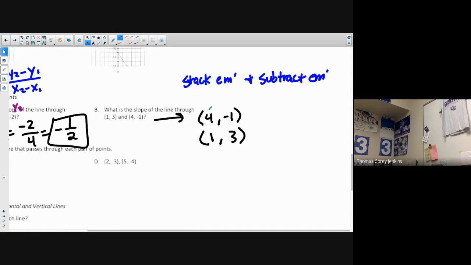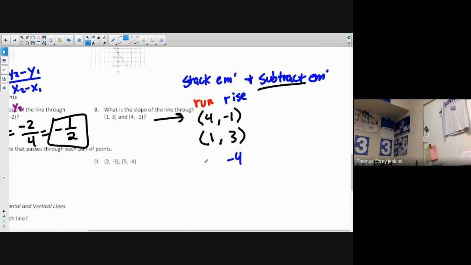What you have to be careful of is if you do this, you have to remember that this is my rise over here, and then this is my run over here. Okay, so you just got to be careful that you are doing minus. It's stack them and subtract them. A lot of people would put 2 here and 5 there. That's incorrect. You add it. Okay. So -1 minus 3 is going to be a rise of -4.